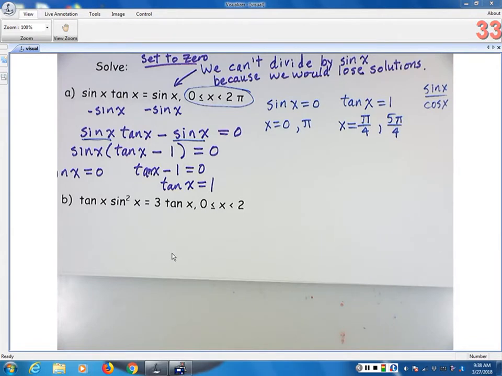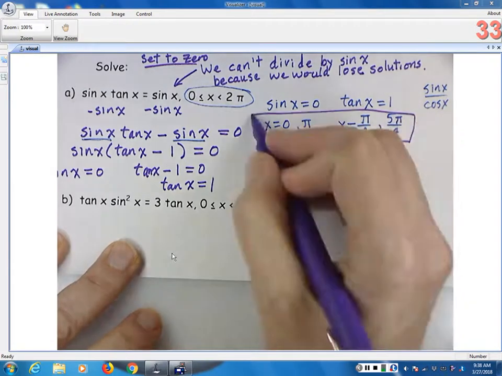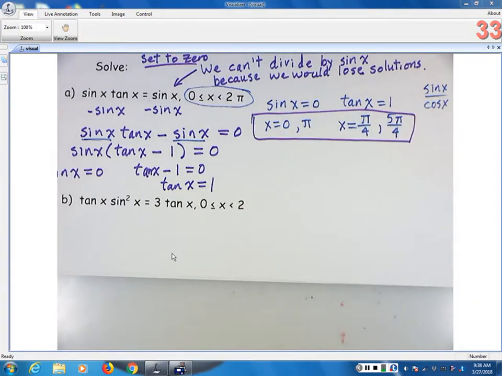Those are the answers because we're only looking between 0 and 2 pi. Any questions? Do you see why tangent is 1 there, at pi over 4?